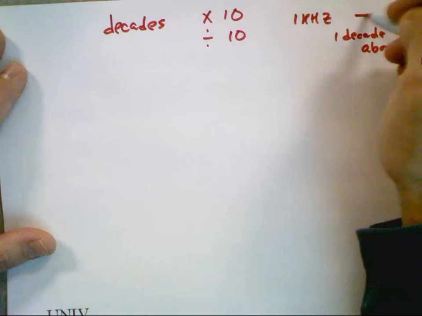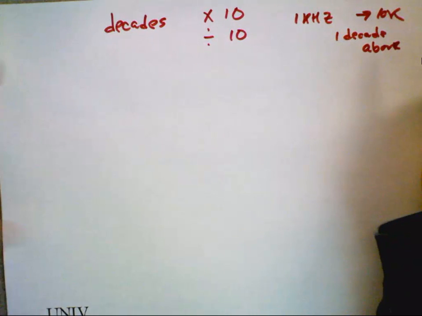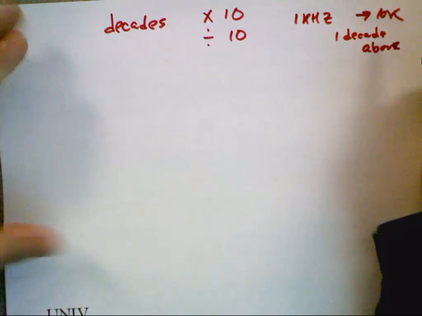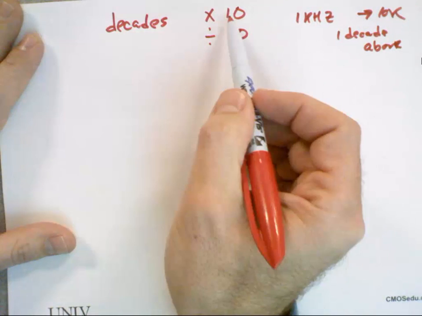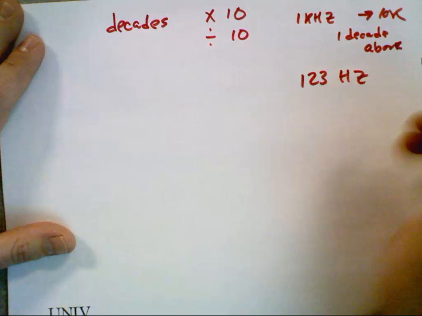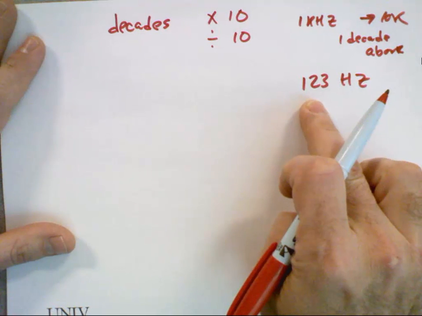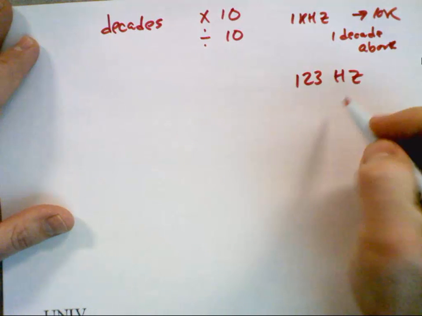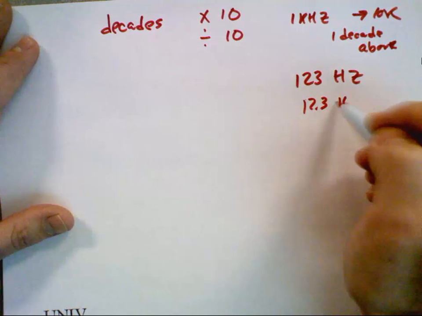It's 10 kilohertz. This is like whenever you use multiplication, second grade or whatever. This decades means multiply by 10, divide by 10. So if I'm at 123 hertz and I say, what's the frequency 1 decade below 123 hertz? It's 12.3 hertz. You just divide by 10.